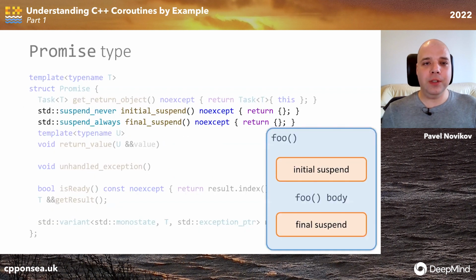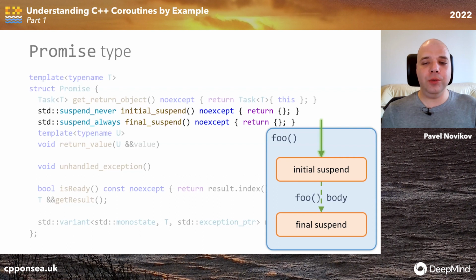So the next is initial suspend and final suspend. We decide here that we want a so-called eager task that starts to execute the body when the coroutine is called. So when we call the coroutine, at the initial suspend point, we do not suspend the coroutine.